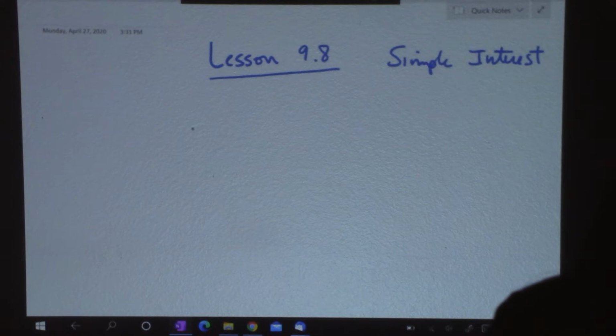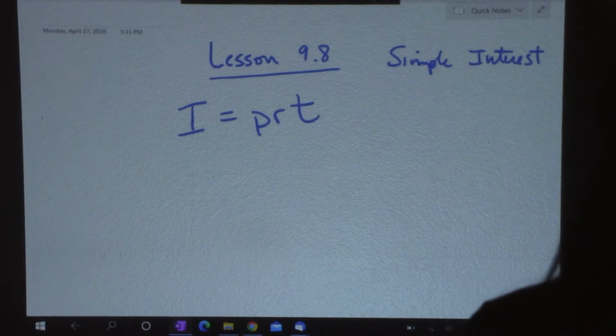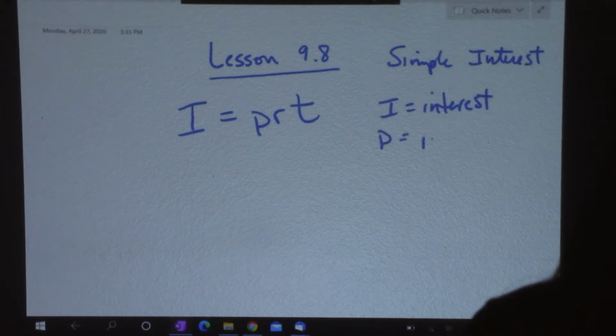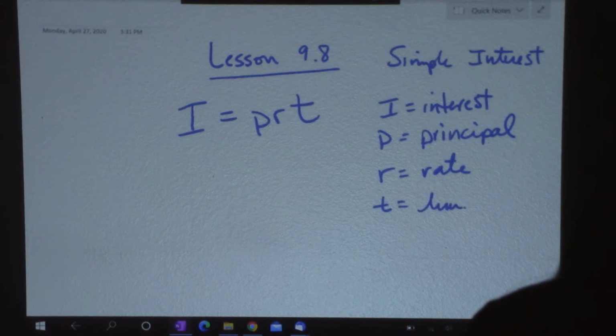But I can tell you this formula: I equals PRT, where I is interest, P is the principal, or the amount of money that you put into the account, R is the rate, the interest rate you earn, and T is time.